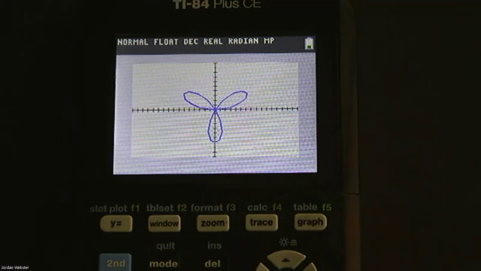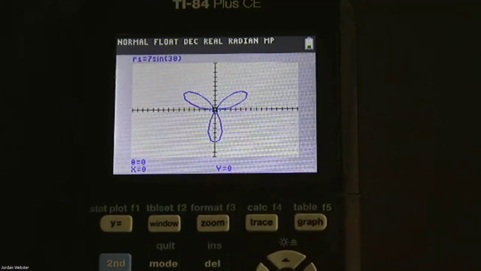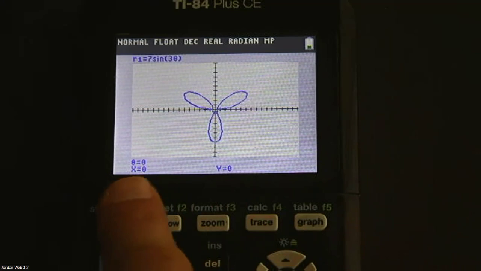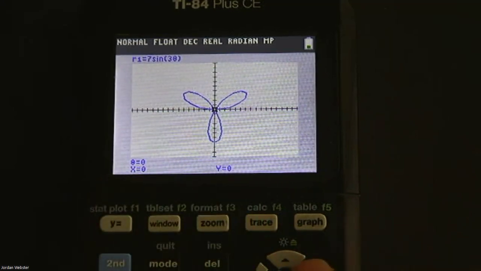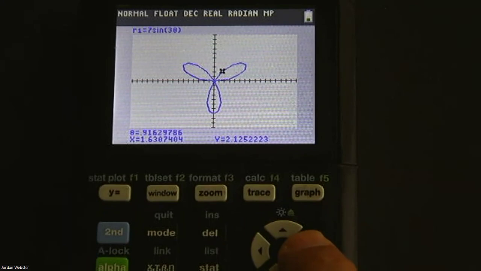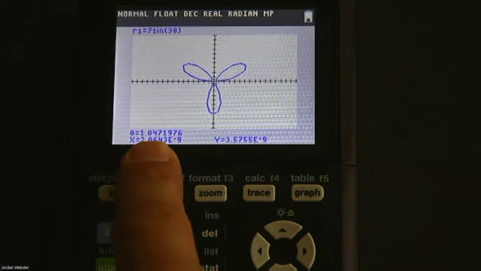One thing we did in our lecture was find out where and when those rose curves hit the pole or the origin. You can see that if I hit trace and I start with theta equals 0, then the XY values are giving me the origin. As I start hitting the right arrow, it's jumping around, and I get back to that origin or the pole when theta equals about 1.047.